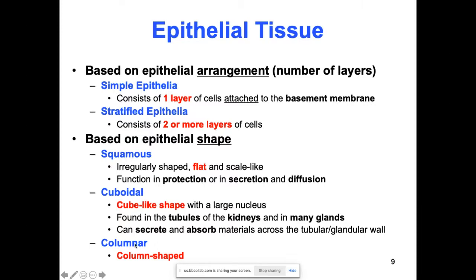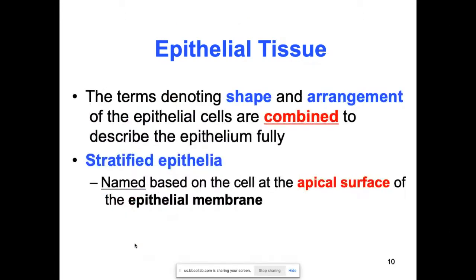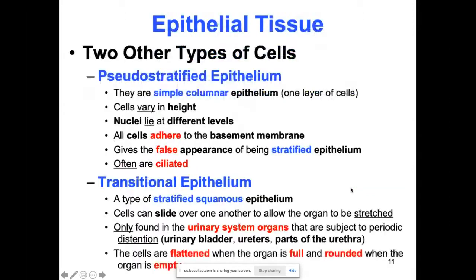Columnar, as we said, they just look like tall columns. We're going to find them in the intestines, and we're going to find them in the windpipe as well. The term stratified epithelium, remember we said the name, whether it's stratified or simple, you're looking at the apical surface, the top surface, or the surface closest to the lumen.